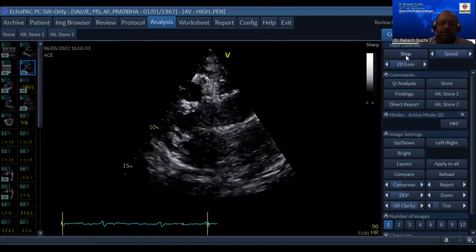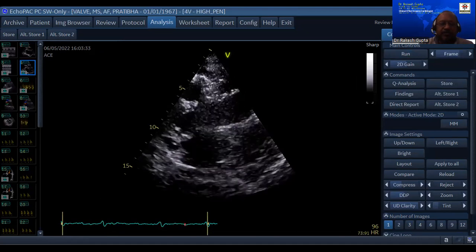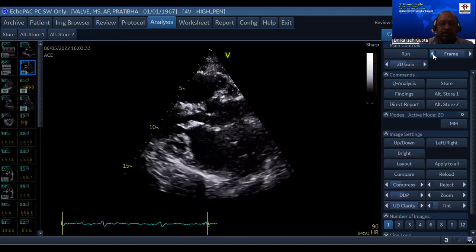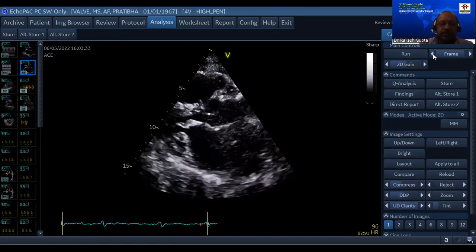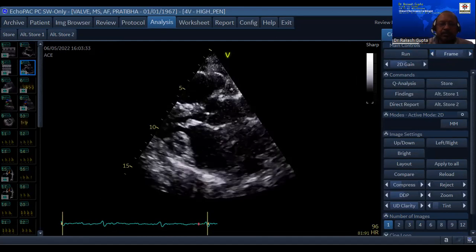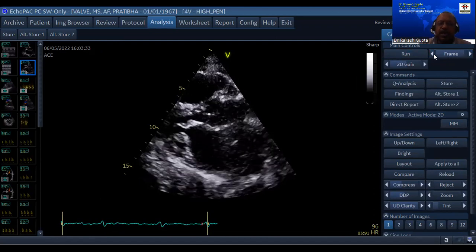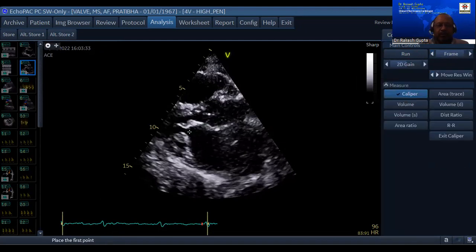I'm going to stop this frame, go frame by frame, and see how much it opens up at maximum. So this is the maximum it opens, and I can take a caliper and measure it straightforwardly. The distance between the two leaflet cusps is almost 0.5 or 0.6 centimeters.